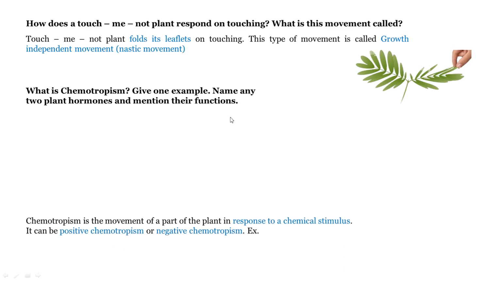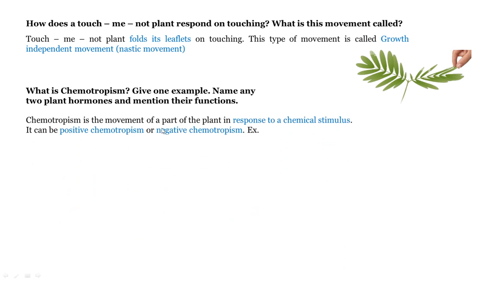So chemotropism actually is the movement of a part of the plant in response to a chemical stimulus. Any chemical stimulus, if there exists, then the movement that is towards or against that chemical stimulus is known as chemotropism. It can be positive. When the movement is towards the chemical stimulus, it is known as positive chemotropism, and when it is against the chemical stimulus, then it is negative chemotropism.